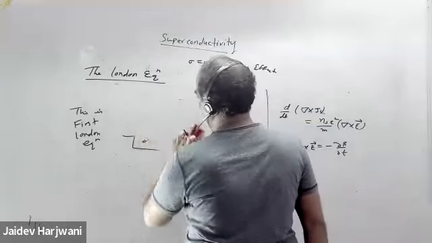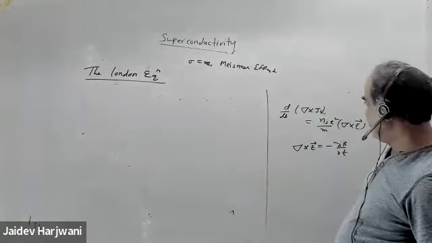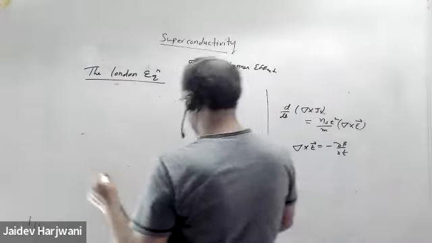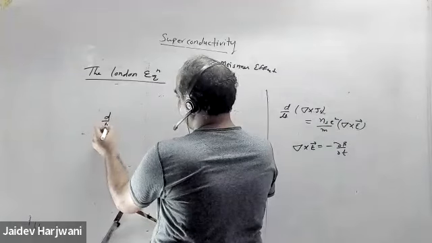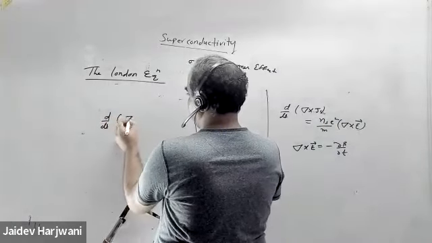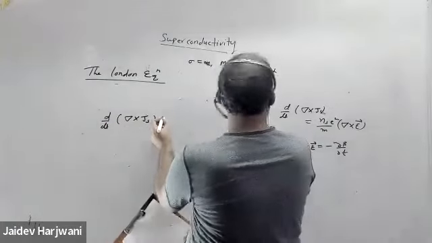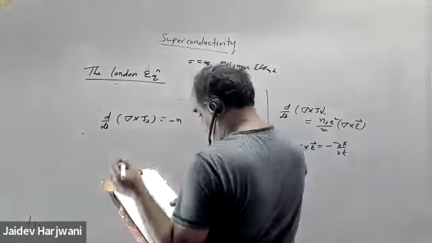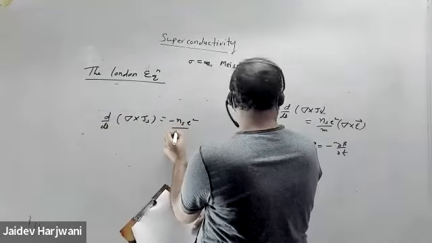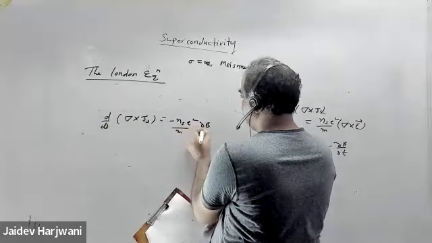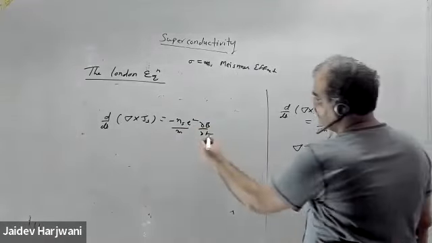So now if you write again this equation, I can write d by dt of del cross Js equals minus ns e square upon m del B upon del t. Okay, we can write this equation like this.